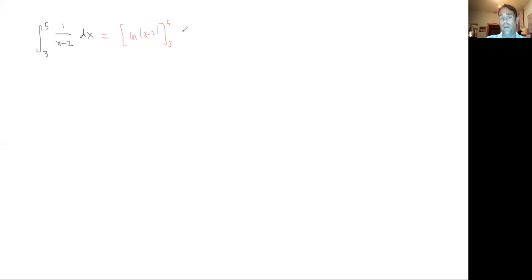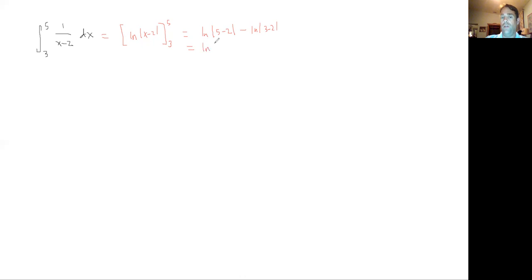I'm not worried about that. But now notice, we keep those absolute values there because sometimes we might end up with a negative value. I'm not going to here, but I might end up with a quote unquote negative value. And we can't evaluate logs of negative numbers. So this makes sure that we don't.